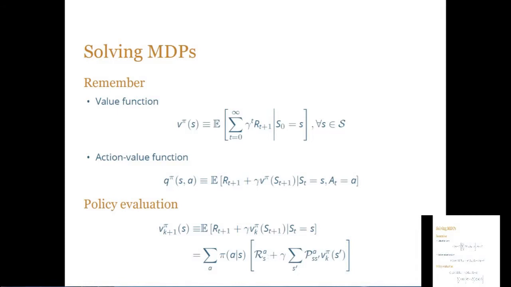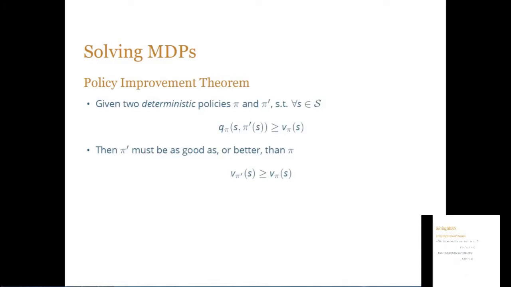So far, so good. We have this idea that you also probably saw in the first course about dynamic programming. So there's this theorem, the policy improvement theorem, and this allows us to define a very naive way to improve our policy, to compute the optimal policy.